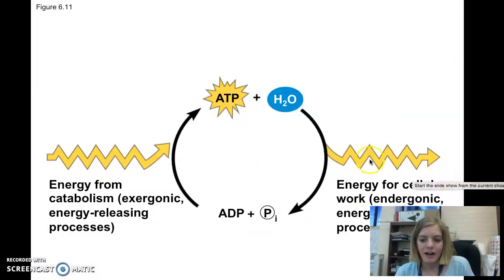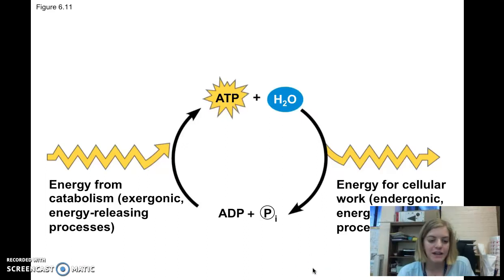You can see here we've got our energy coming in, which allows our ATP and our water. When water's added, that releases energy for cellular work and produces ADP plus your inorganic phosphate. And then once those cellular jobs are happening, they're breaking things down, they release energy, and that provides the energy needed for the reverse process to regenerate ATP.